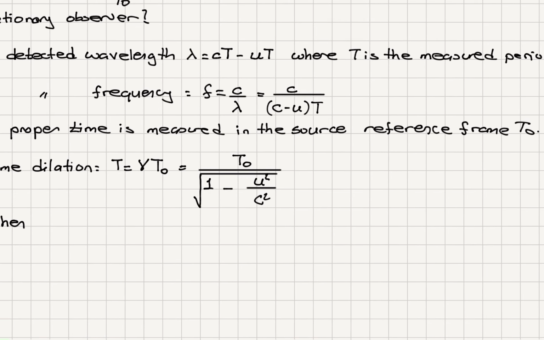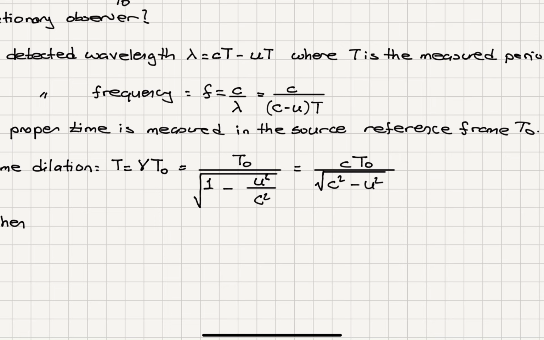If I write this with the common denominator, (c squared minus u squared) over c squared inside the square root, the c becomes upstairs. So this can be written as c times T0 divided by the square root of c squared minus u squared.